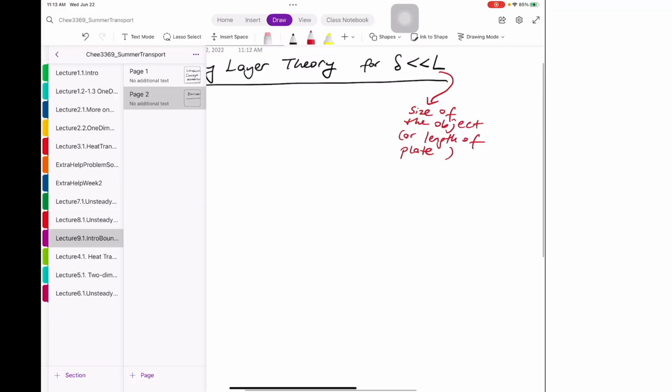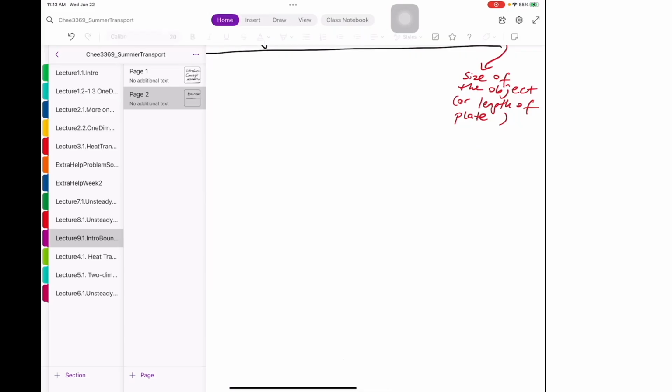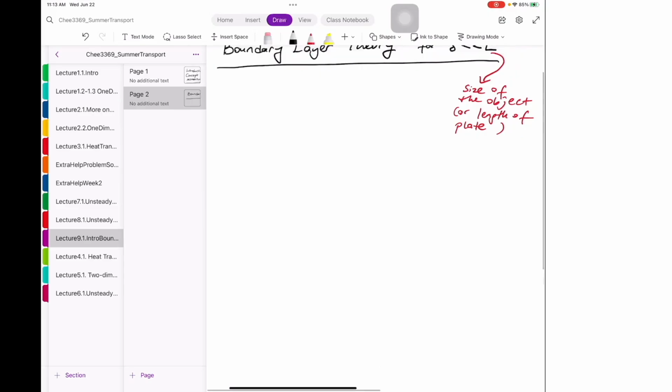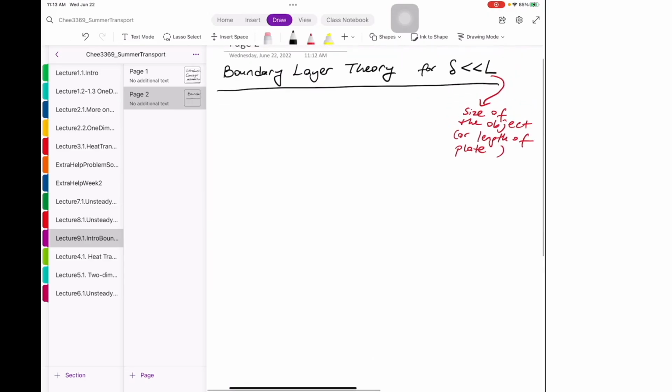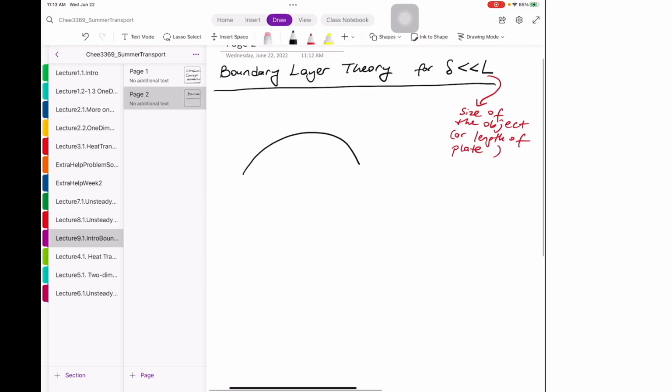Okay. So let's declare our system and coordinates. So imagine you have an object, maybe it might be curved, okay? Not necessarily a plate. Imagine you have these coordinates.